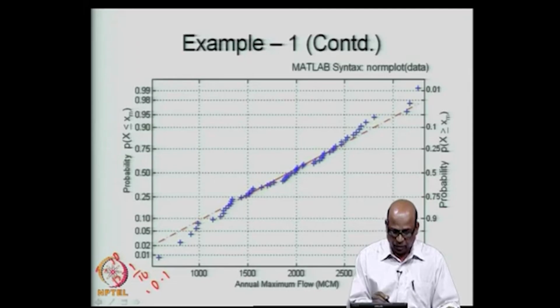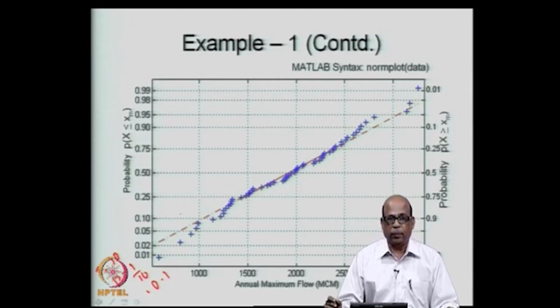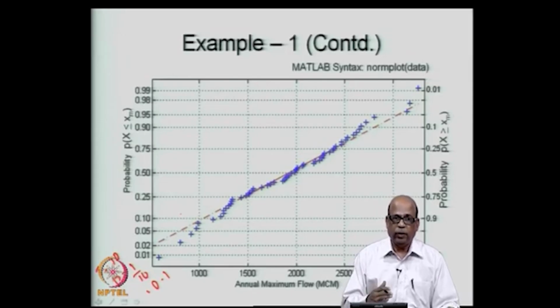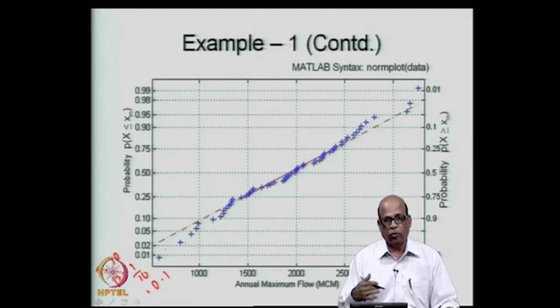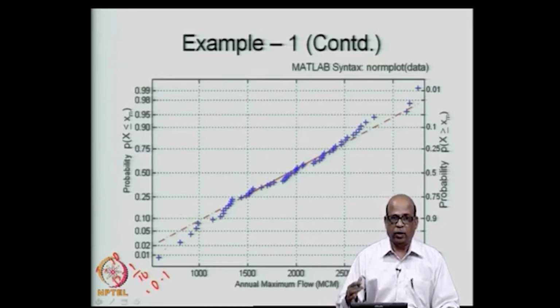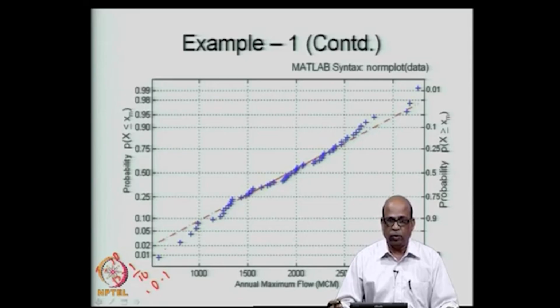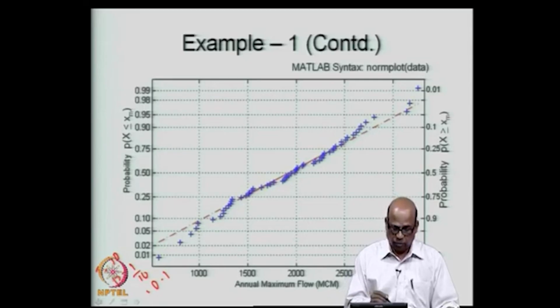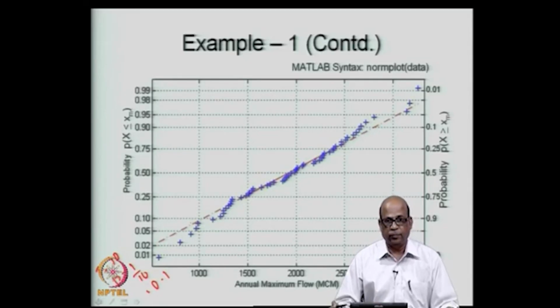This may appear to be small compared to the other scales here, but the values that you get may be significantly different. On the graph you may be tempted to say that there is not too much of a difference, therefore I can use this graph also for obtaining 100-year return period, 200-year return period and so on, because you do not see too much of a difference in the graph itself here.